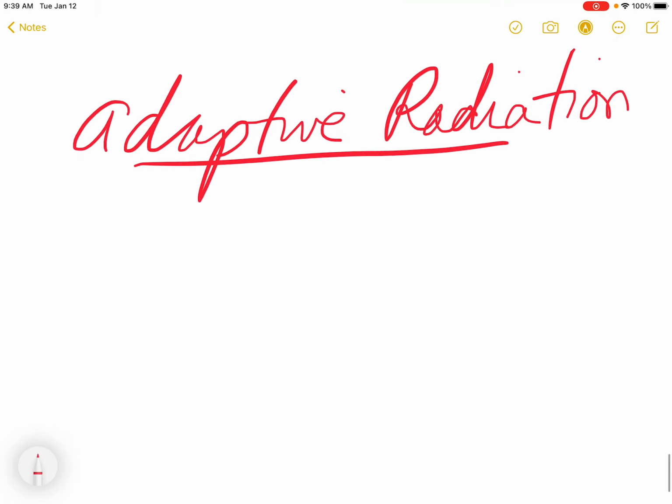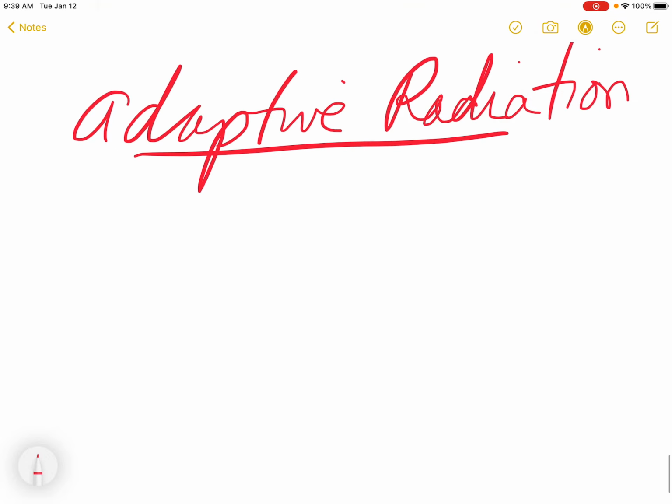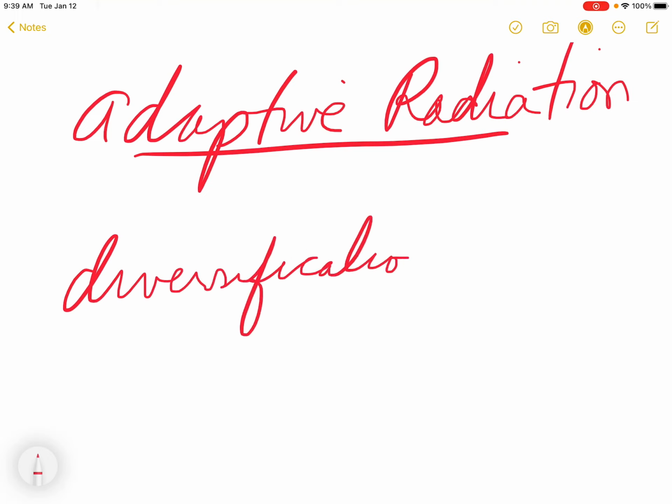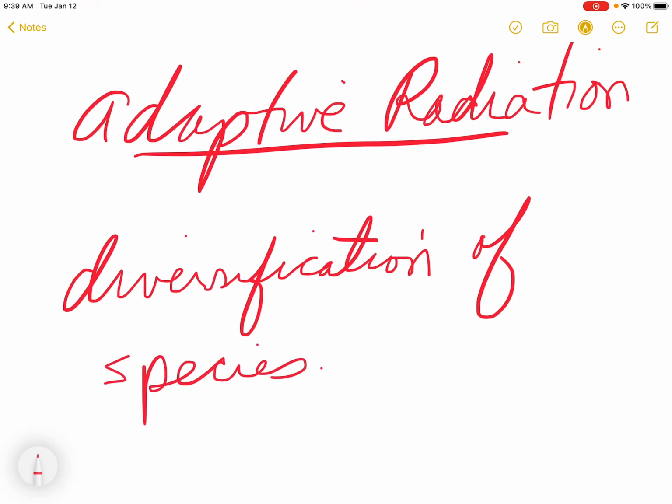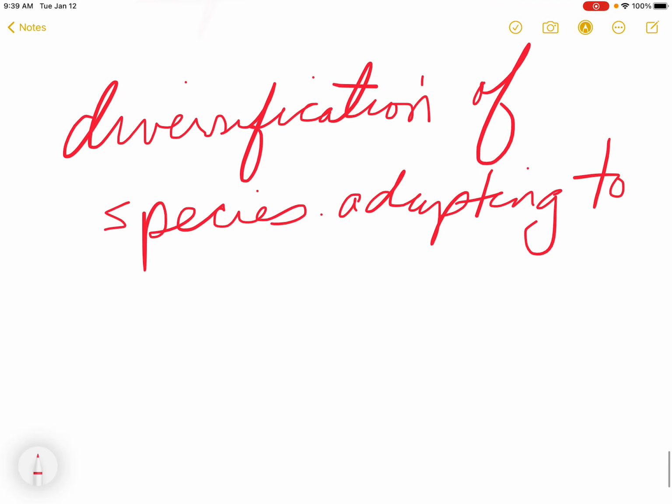So adaptive radiation is a sort of a type of allopatric speciation where we get a very rapid diversification of the gene pool, diversification of species. And it's usually because they are adapting to a variety of new environments.